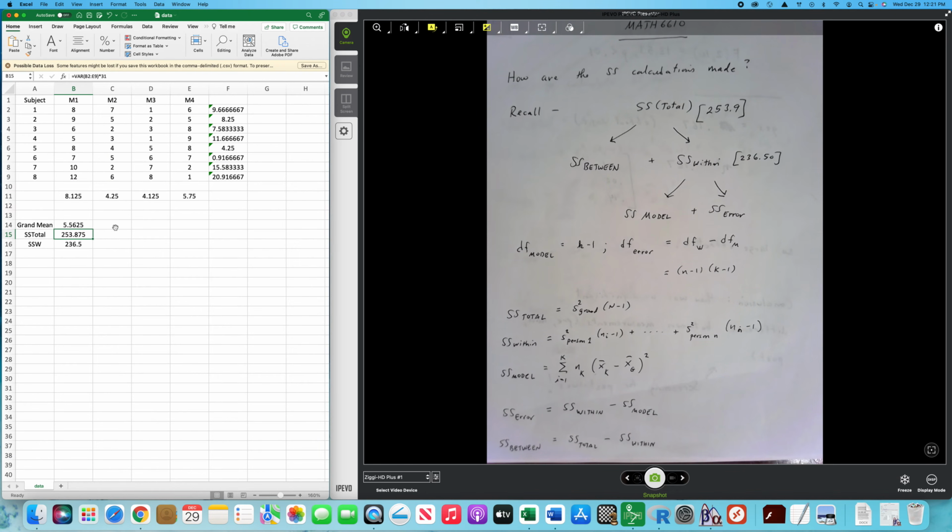So the grand mean is 5.56, so I need to take 8 times that value minus 5.5625 and square that, right?